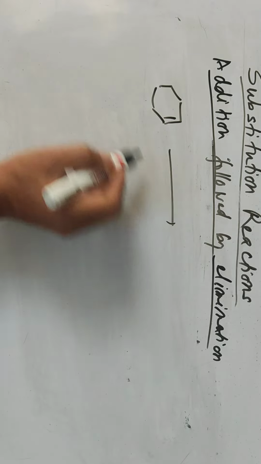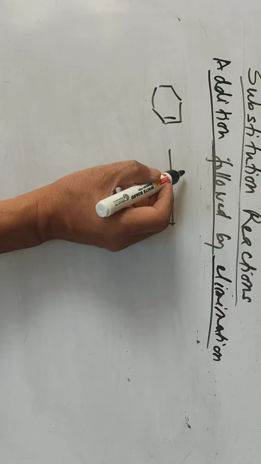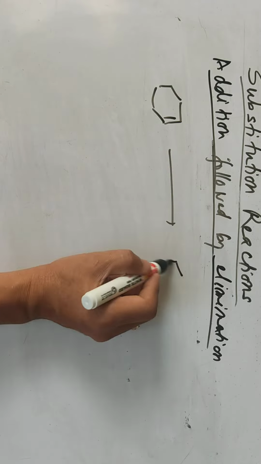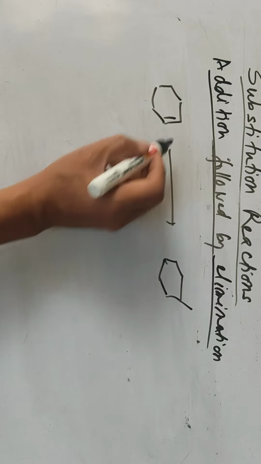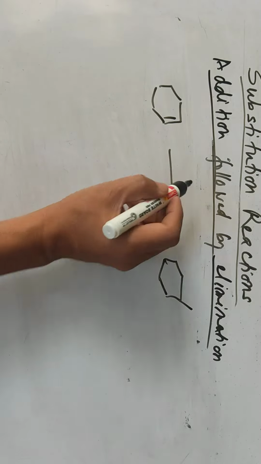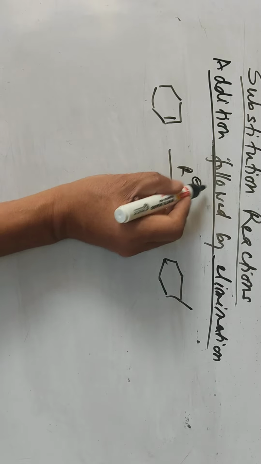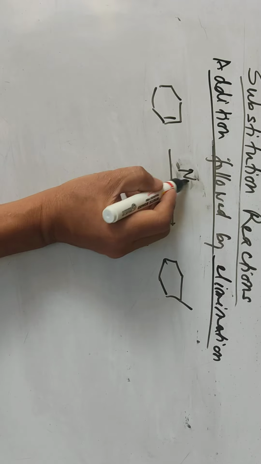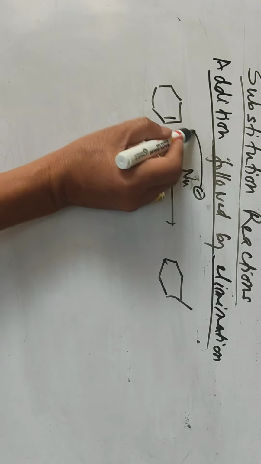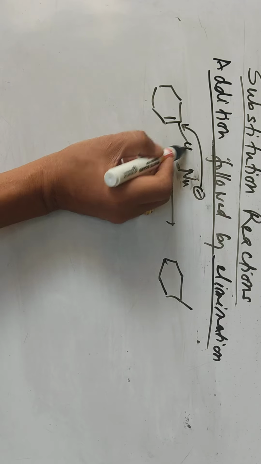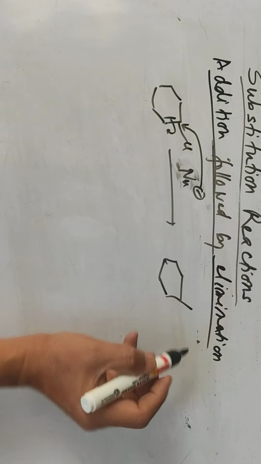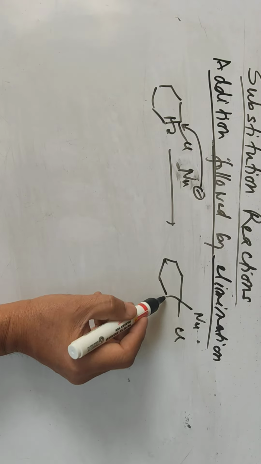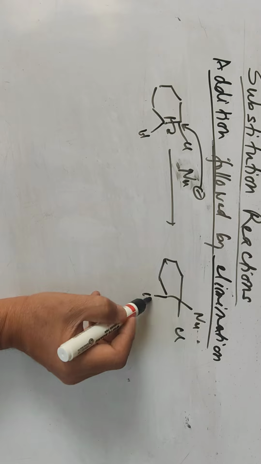Here, first the addition takes place. Let's say a negative charge, a nucleophile, attacks, and this is chlorine. Then we have the hydrogen here, then a negative charge.